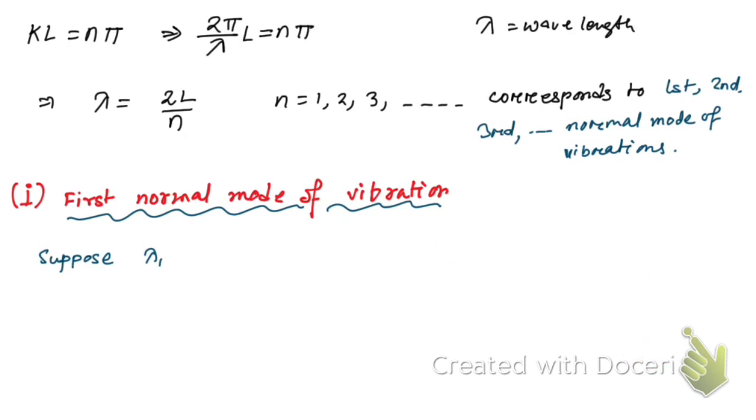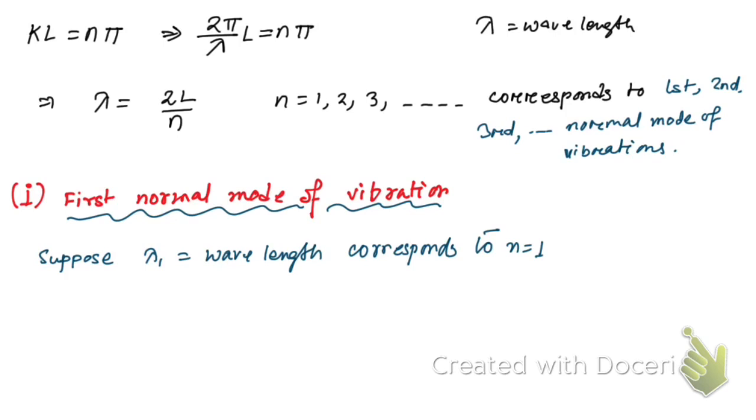Okay, lambda 1 is the wavelength corresponding to n is equal to 1.